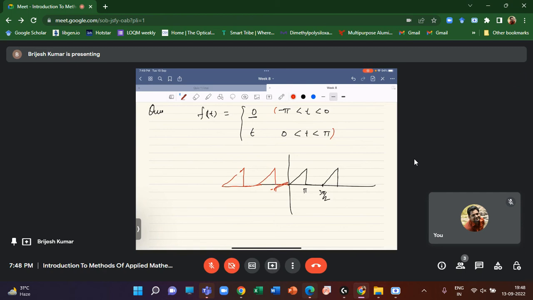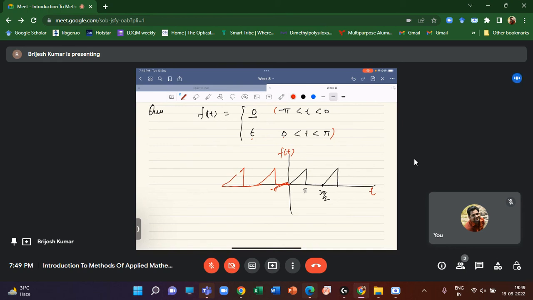Then from 0 to pi it will be t. So this is t and this is f of t. But I didn't understand why between pi and 3 pi by 2 you are writing zero on the right hand side.